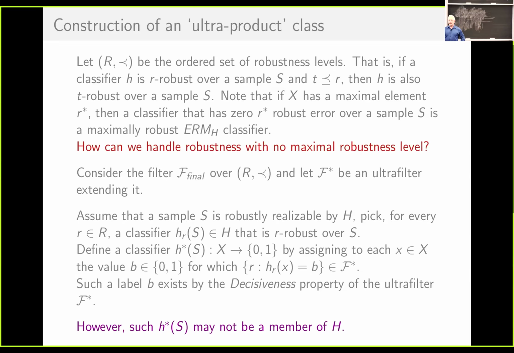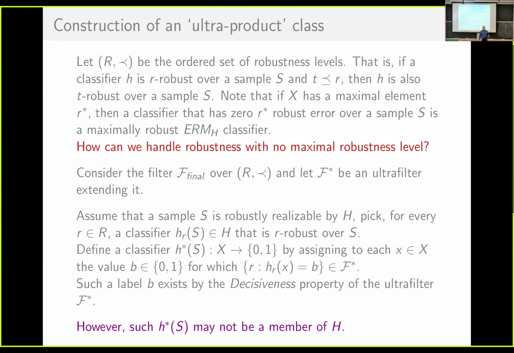And now I want to claim that this is an ERM classifier, that is, this H star of S will always be robust on S for every level of robustness. That's pretty obvious. But I do have a problem. The problem is this new H star that I defined may not be a member of the class.